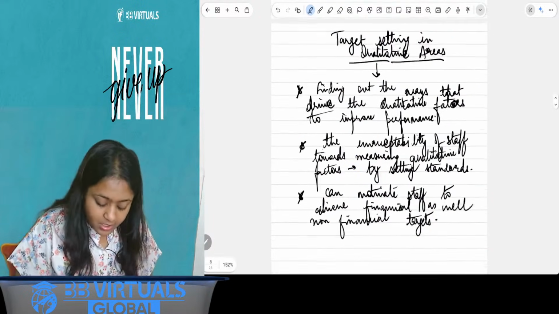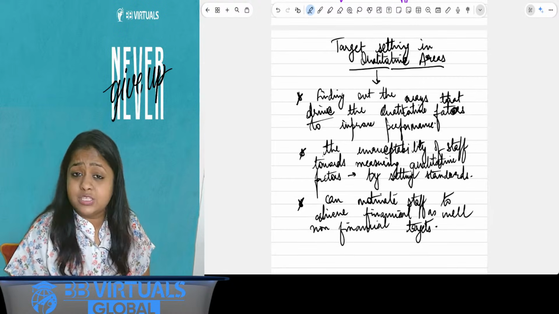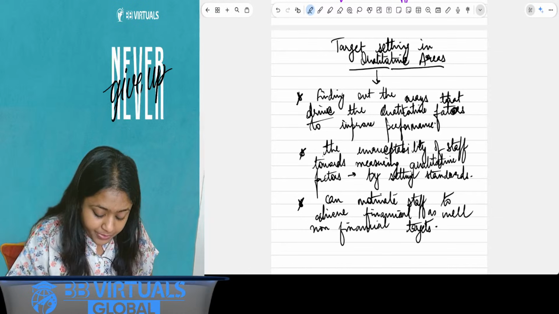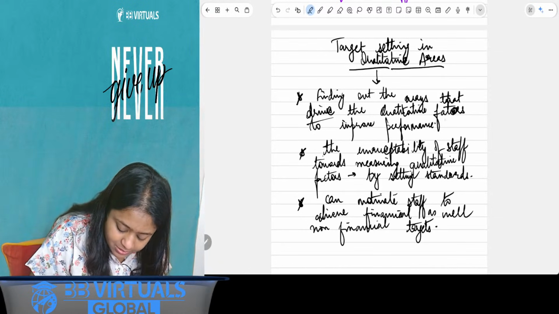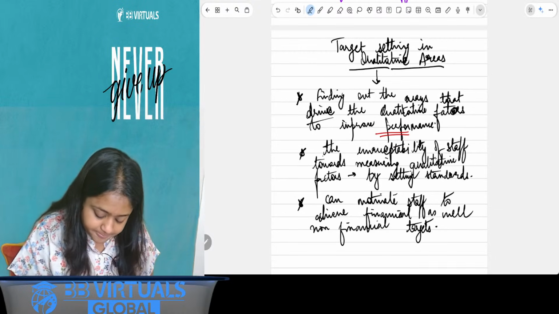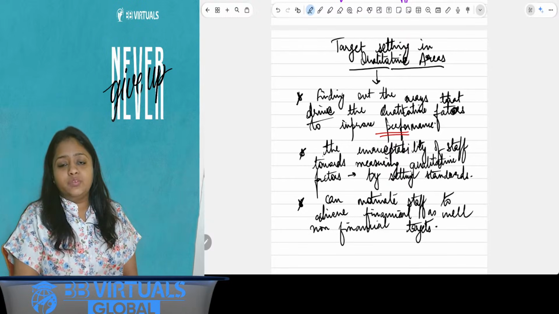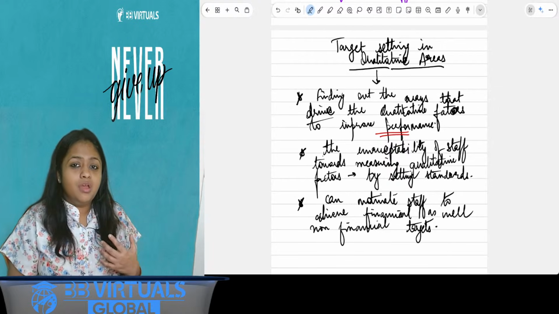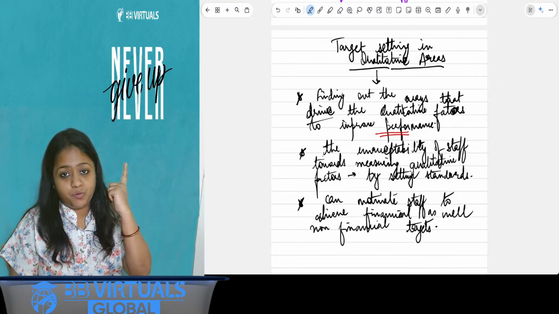Next is how can we set targets in the qualitative areas, because that's very, very difficult. So some steps to understand. Number one, find out the ways that drive the qualitative factors to improve performance. For example, declaring an employee as the best employee of the month is one of those approaches.